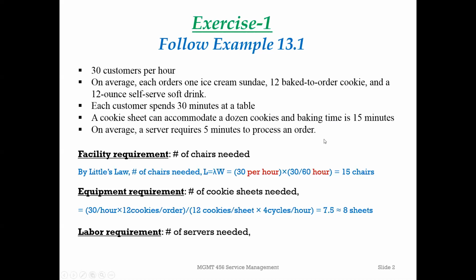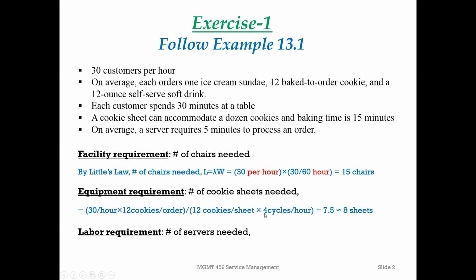It takes about 15 minutes. So I can make 12 cookies per sheet, but not in each hour, because 1 batch only takes 15 minutes. That means in 1 hour, each cookie sheet can be used 4 times, 4 cycles.